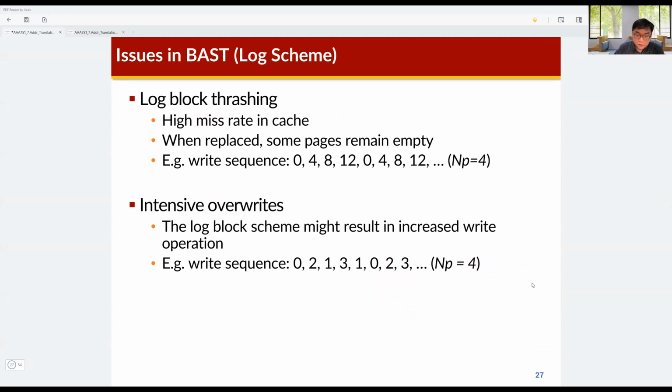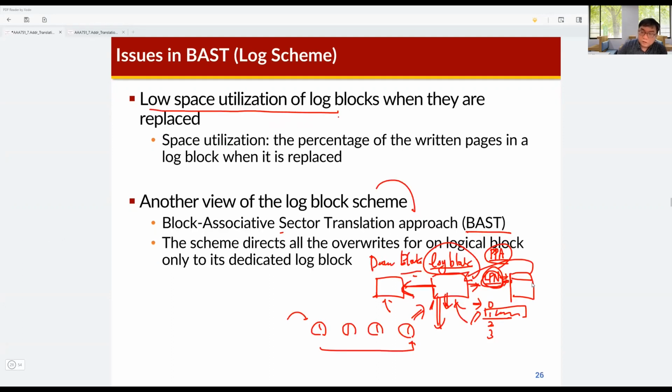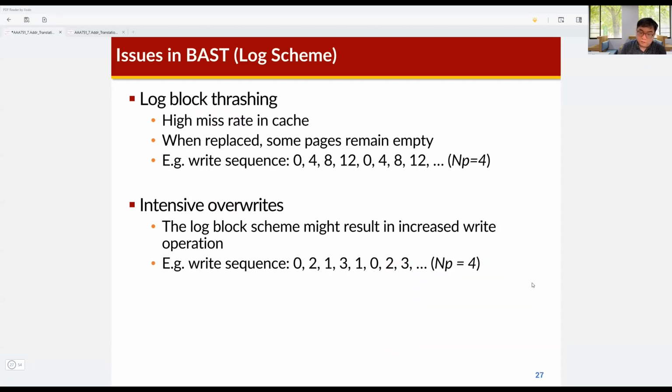So the problem is the low utilization of the log block. I already explained these issues. Also, the log block thrashing is another one. So that is also related to the low utilization of the log block.